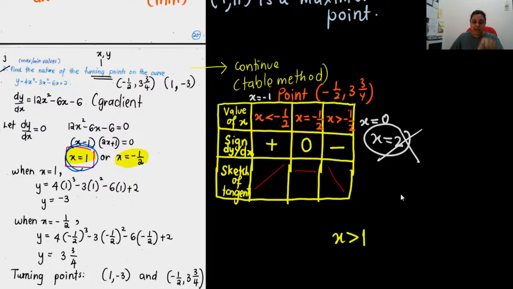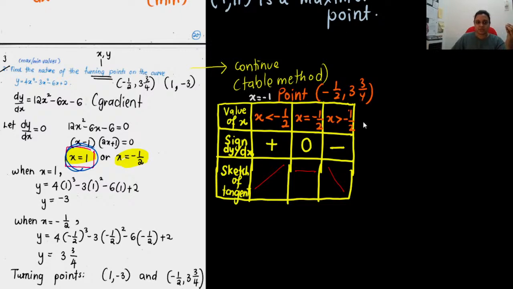So this answer is more appropriate for the other table. That is why we don't choose 2 for this current table. Okay, I hope I made myself clear here, because if not, it can be confusing, like why teacher we don't choose x equals 2.